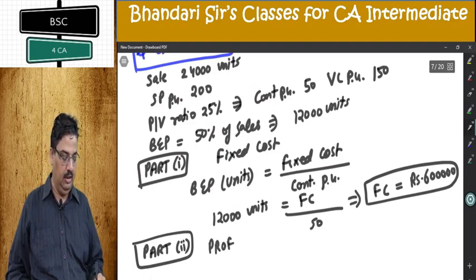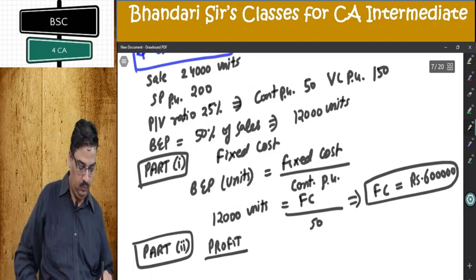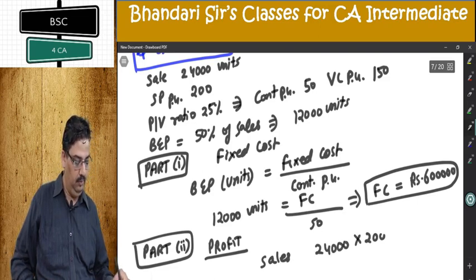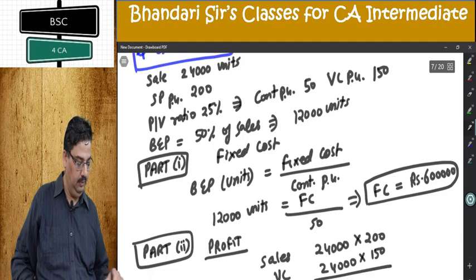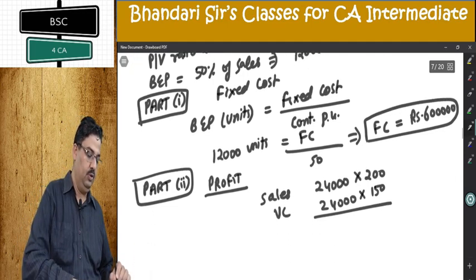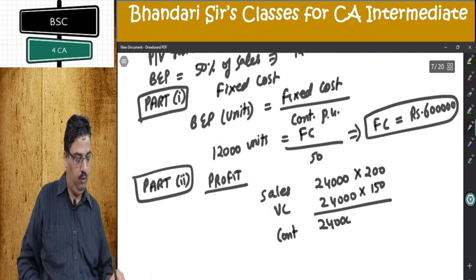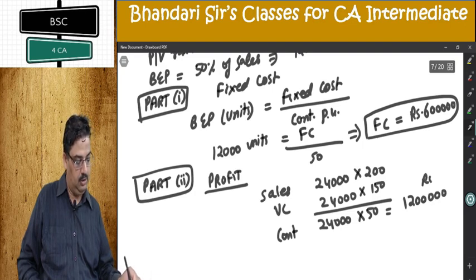Profit earned in this year. Sales 24,000 into 200. Variable cost 24,000 into 150. So I got contribution 24,000 into 50, 12 lakh rupees.